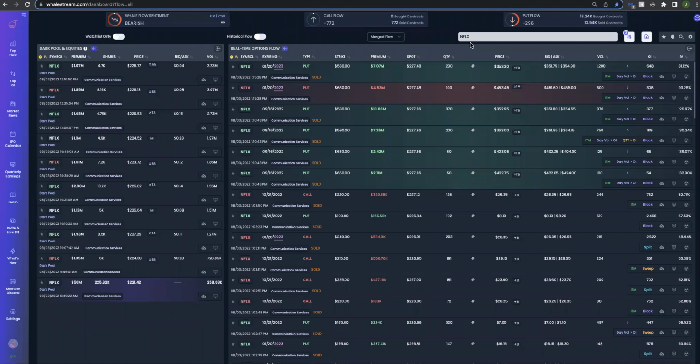For the most part, most of the trades that you're going to see on WhaleStream are not going to be part of multi-leg strategies. That's because we currently are filtering them out, because if you're not looking at the merged flow and you're not looking at everything and you don't really know how it would all work together, it really can just muddy the water for you.